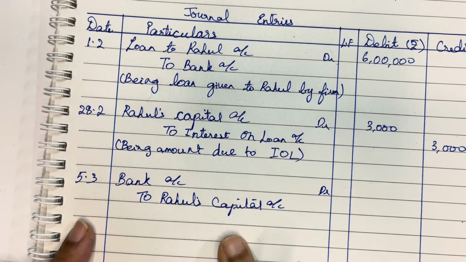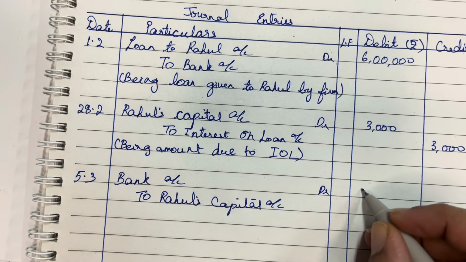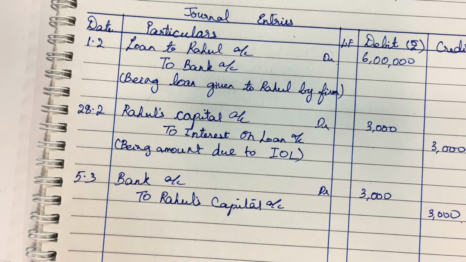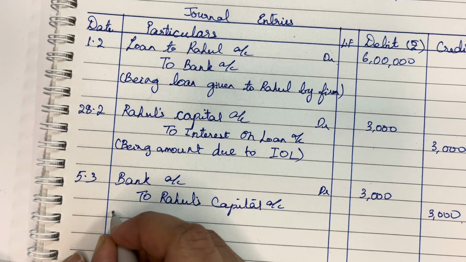Why are we writing capital account over here? Because this amount is being received from Rahul's capital. Okay, the amount is 3,000, the interest on loan amount. A narration would be being the amount received from interest on loan.